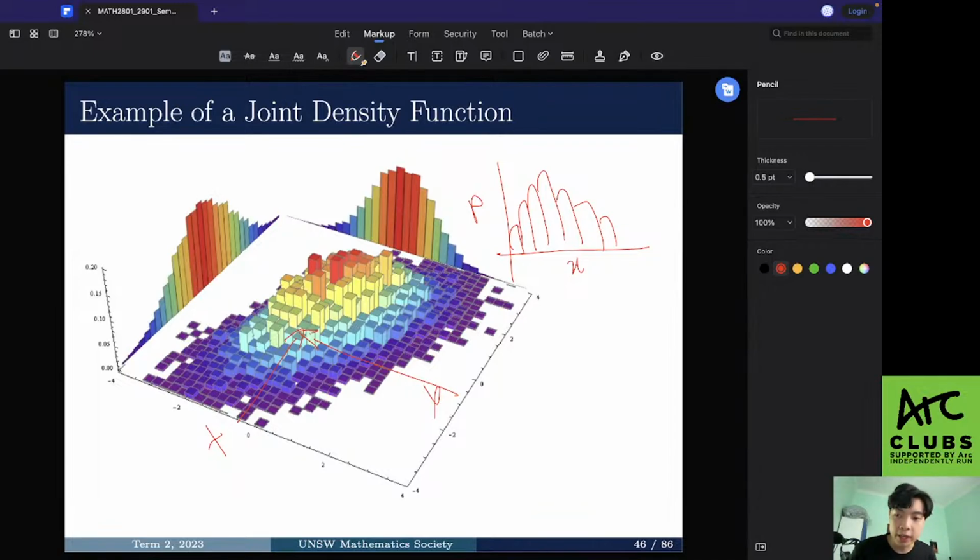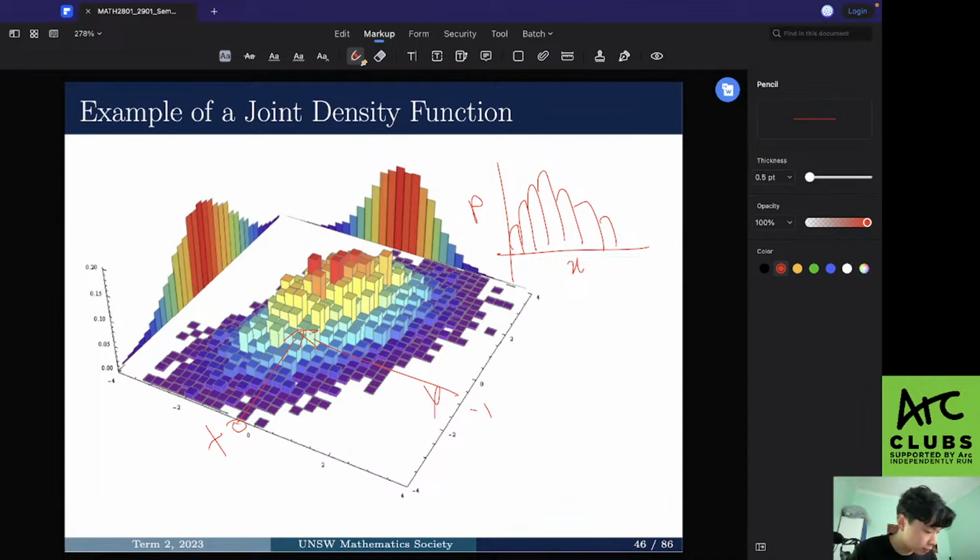So instead of getting a probability from just one X, we get an X and a Y, and these two give us a probability, where the probability is the chance that both X is equal to a value, let's say 0, and Y is equal to a value, let's say -1 in this case.